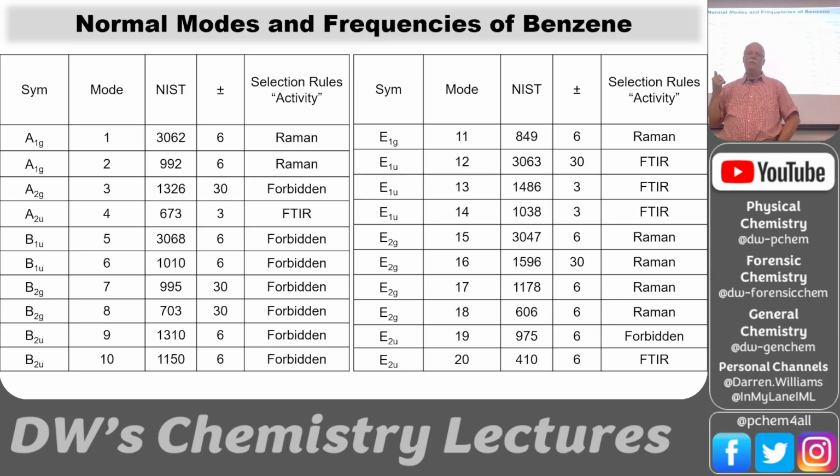What do we see in terms of the rule of mutual exclusion? Yeah, we have some Ramans that are not IR, we have some IRs that are not Raman, and then we have a lot of modes that don't interact with light. So in the character table, these are rows like B2G and B2U that don't have an X squared, an XY, or YZ. They don't have an X, Y, or Z single unit.